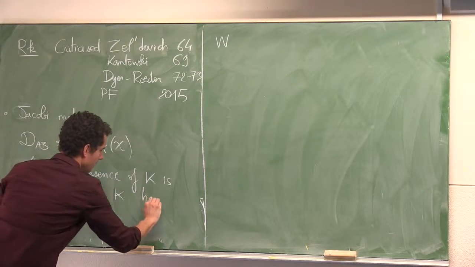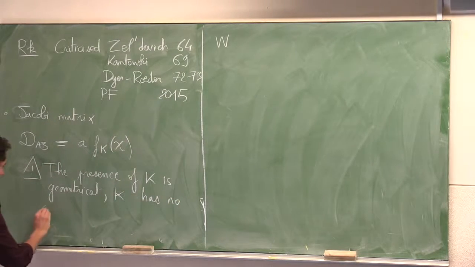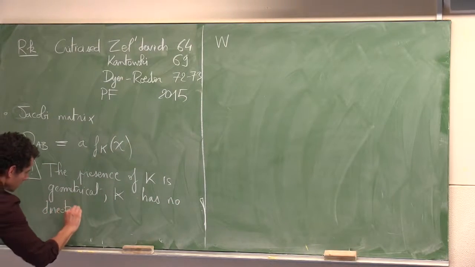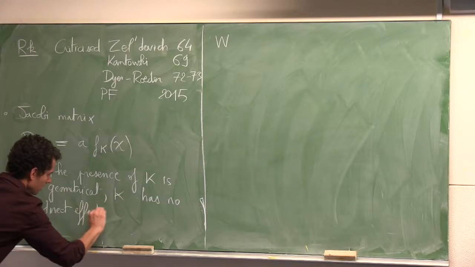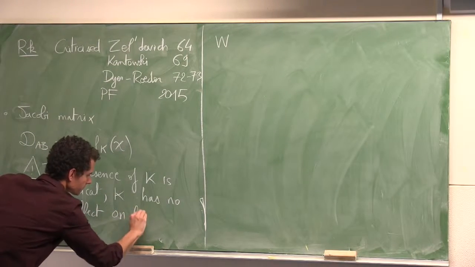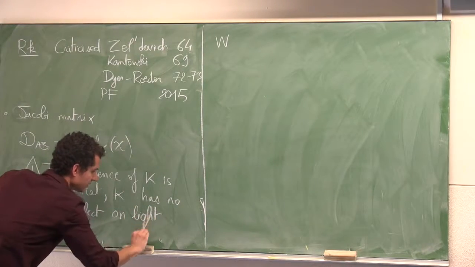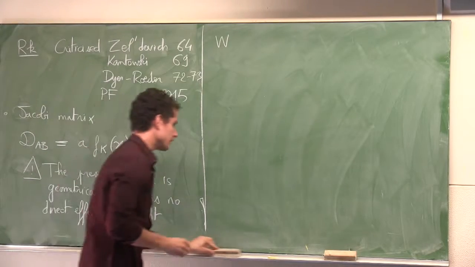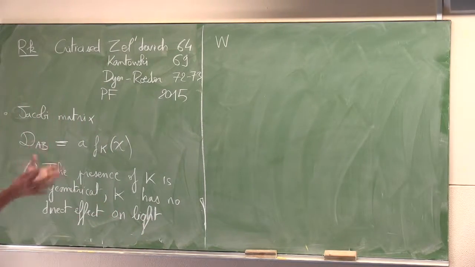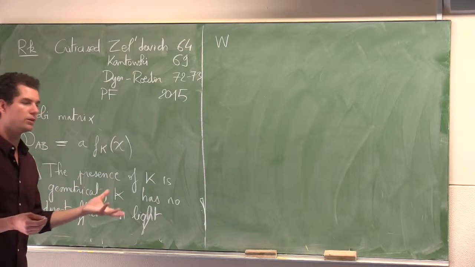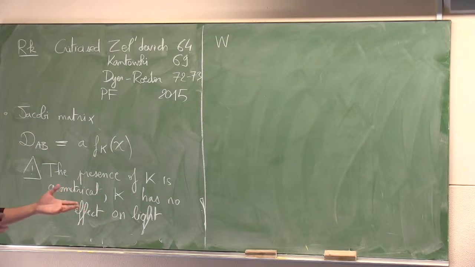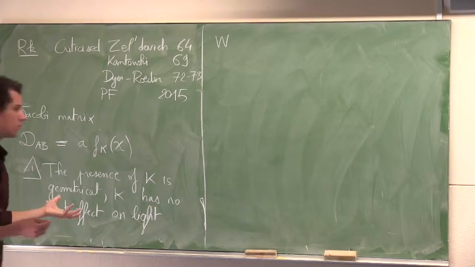K has no direct effect on light bending. And this is because spatial curvature is just a quantity that emerges from the choice of a given coordinate system, a given frame. There is nothing physical in spatial curvature.